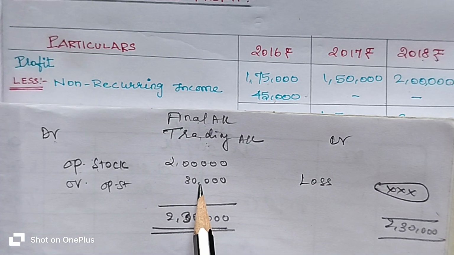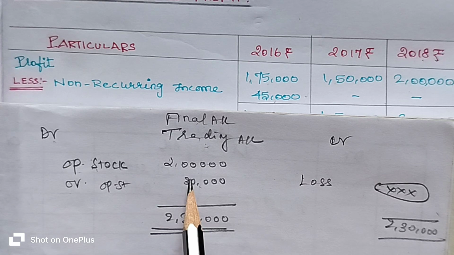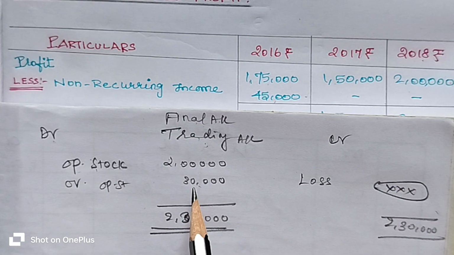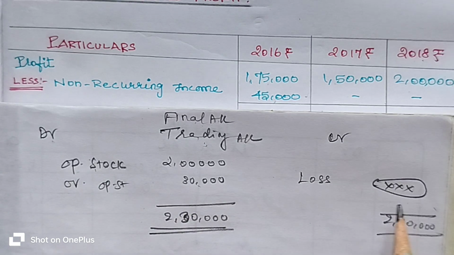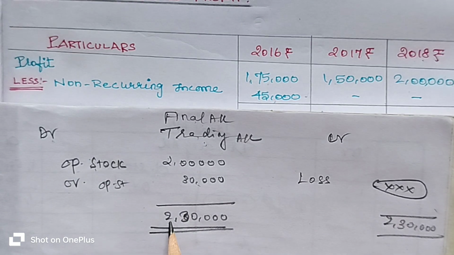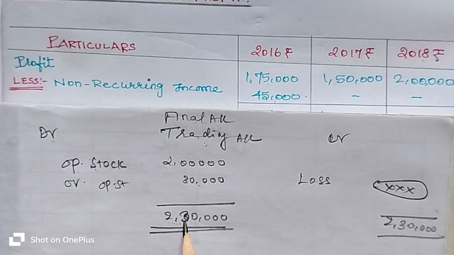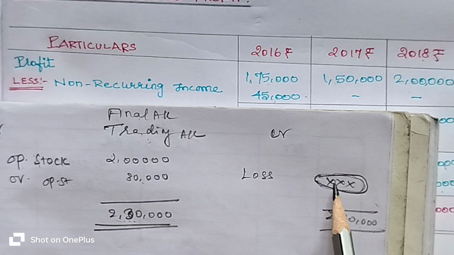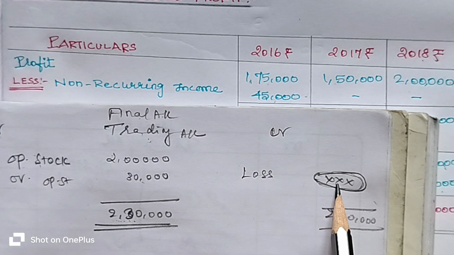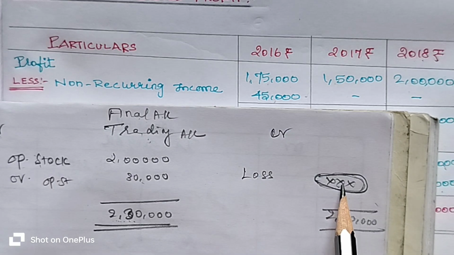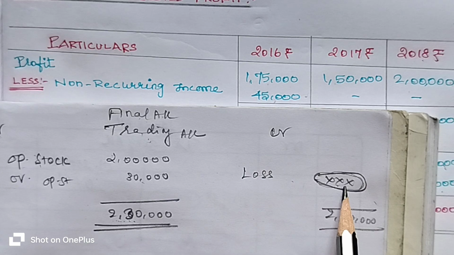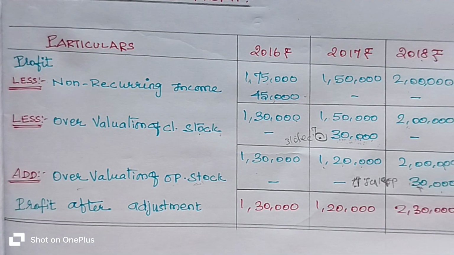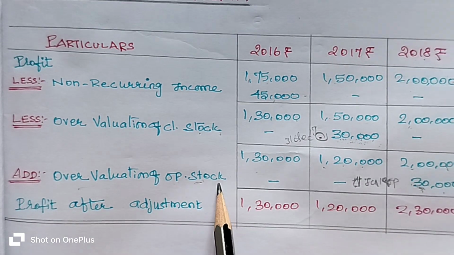So you get the total on the debit side, because the debit side amount is increased compared to the credit side. As per the format, if you get the total on the debit side, you will get the balancing figure on the credit side. That means you will get the loss on the credit side, right? So to adjust the profit, you have to add the overvaluation of the opening stock, 30,000 rupees.